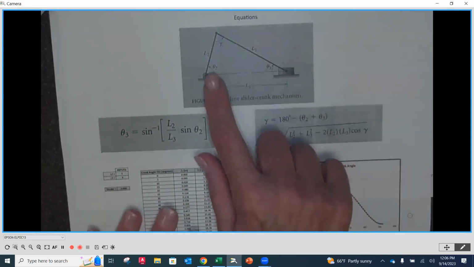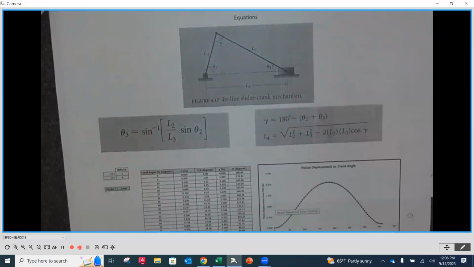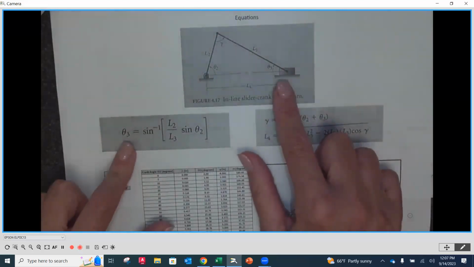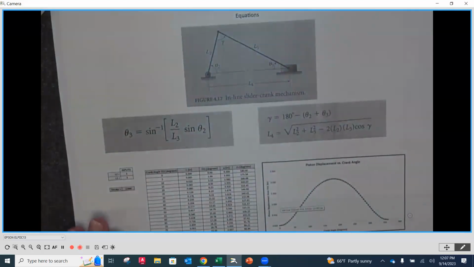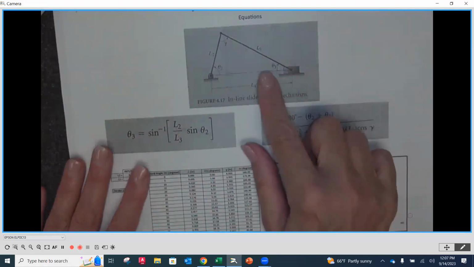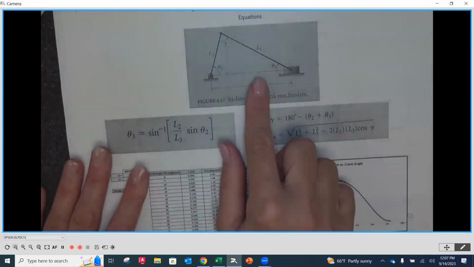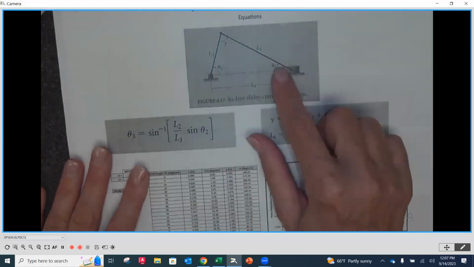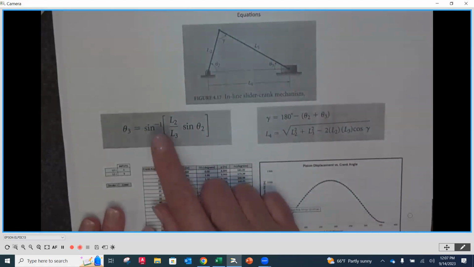If we lay this out flat, that would be 0 degrees. Now, theta 3 can be calculated, because as we rotate around, that crank is going to lift, and then this slider is going to pull back, if we're going counterclockwise. And there's going to be an angle created here. We can calculate that using the equation that we have down here.